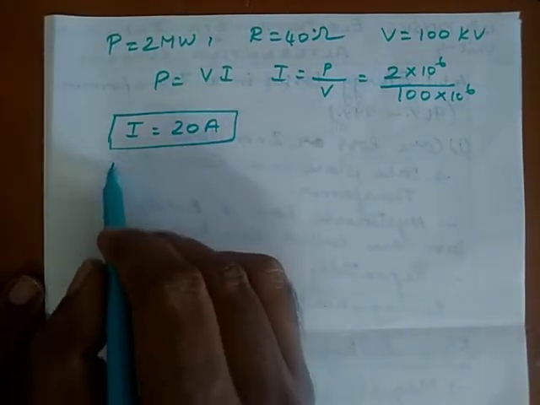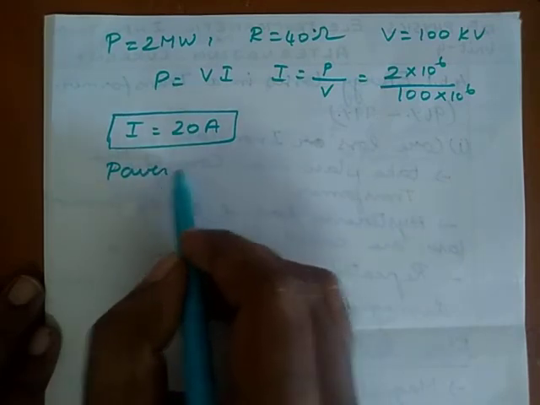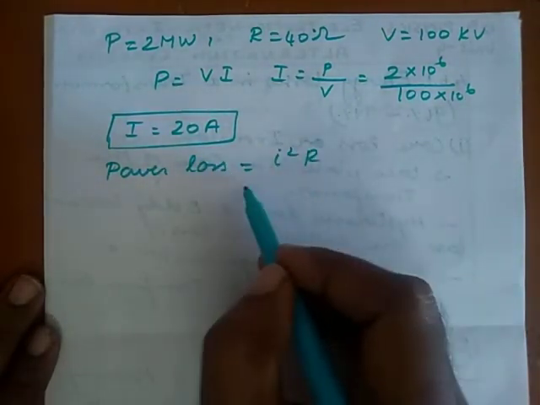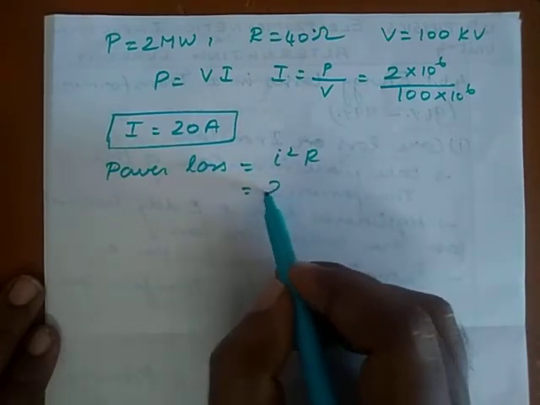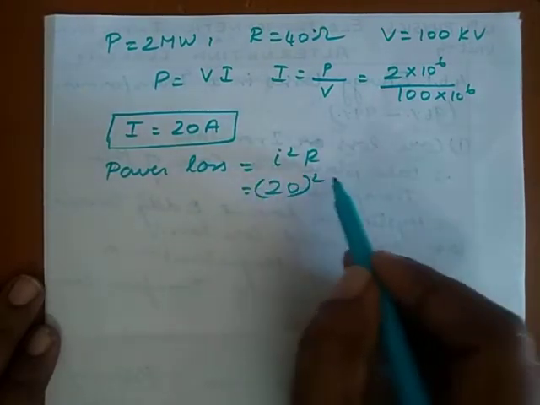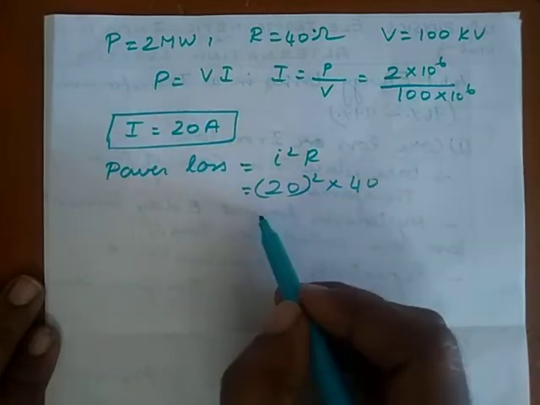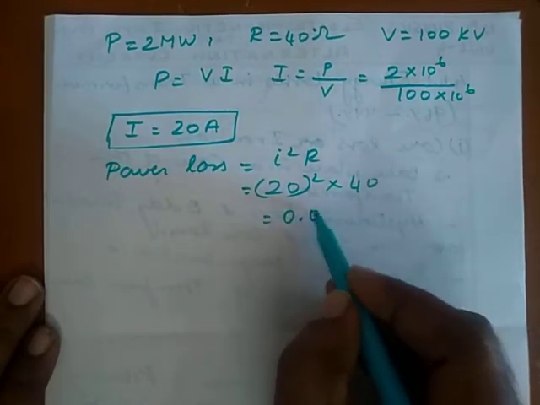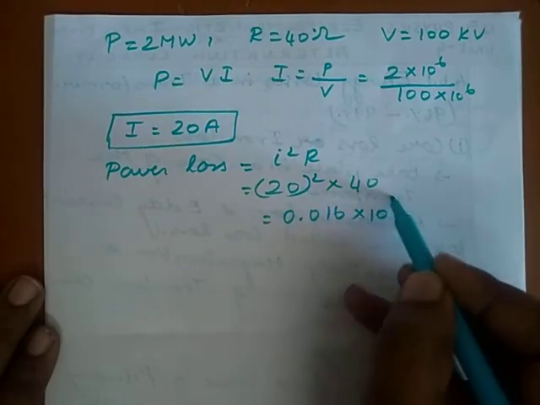See the power loss, I square R. Okay, then the value of I is 20 square into R is 40. After solving this we get 0.016 into 10 power of 6 watt.